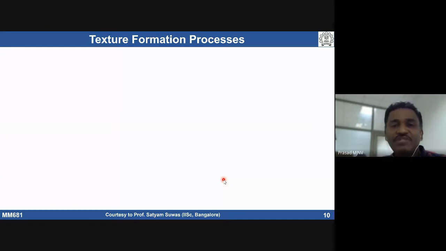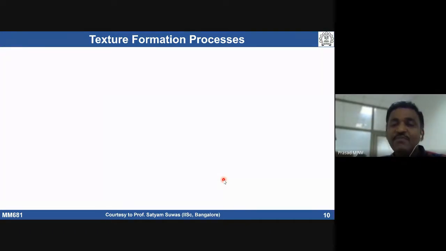Even phase transformation, for example, even in solid state, when austenite transforms to ferrite, then also we do see change in texture. So the processes which can induce texture in a material are: crystallization process, like a solidification process. The second one, recrystallization process. Phase transformation within solid state can also induce texture change. And most important is plastic deformation.